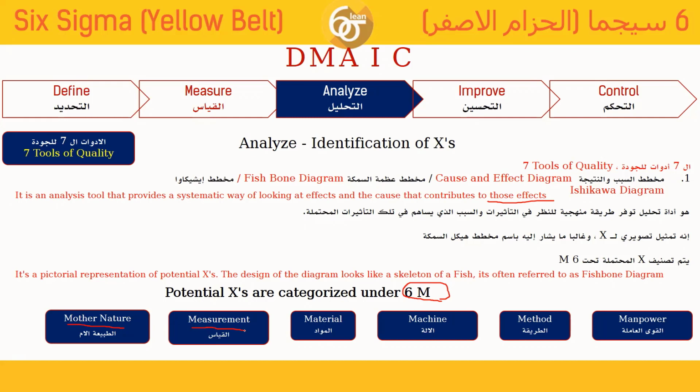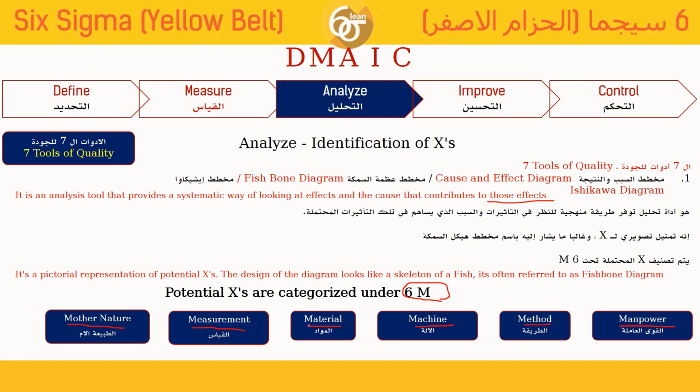Okay, we have the measurement, we have material, we have the machine, we have the method, we have the manpower. What does that mean? What does mother nature mean? What is meant by measurement? What is the material, and what is the machine, and what is the method and manpower?